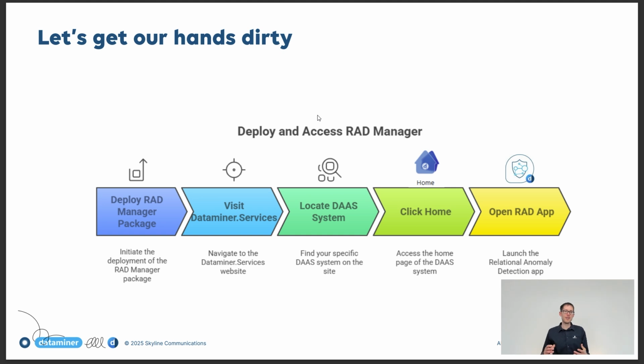This is just the user interface of the feature. We don't have a user interface in Cube for this feature, but the user interface of this feature is a low-code app called the ROD Manager. So you would need to deploy that on your system. Here below, you see the steps of how to do that. Just go to the catalog, look for the ROD Manager, hit that deploy button, and open the app.